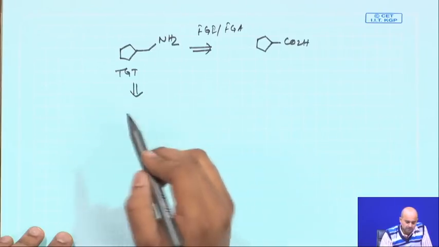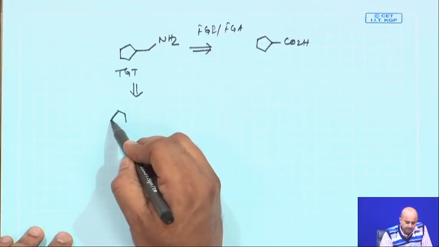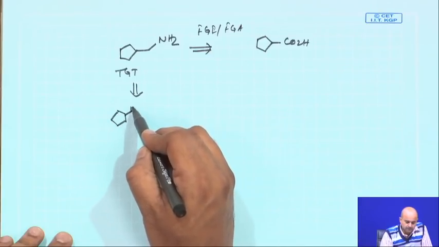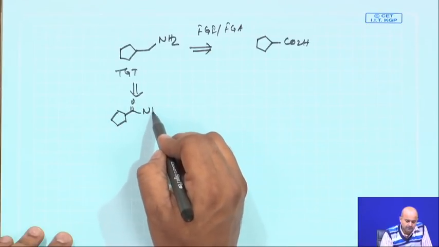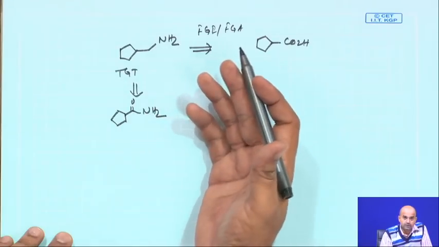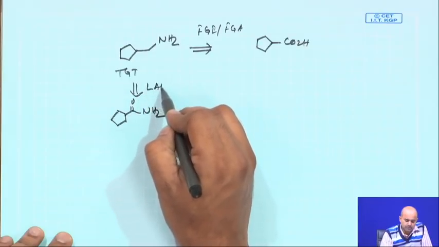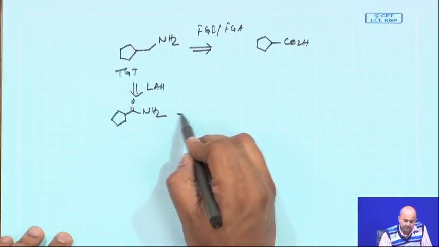So, an amine in principle can be synthesized if you have a corresponding amide, is it not. So, the amide you selectively reduce by a reducing agent like lithium aluminum hydride, and you get the amine.